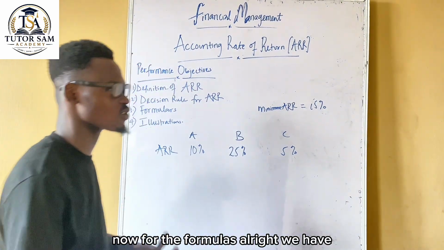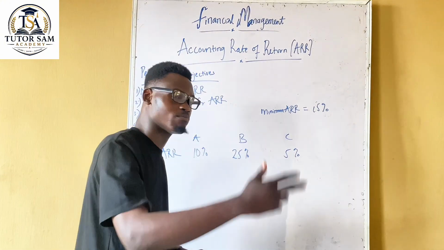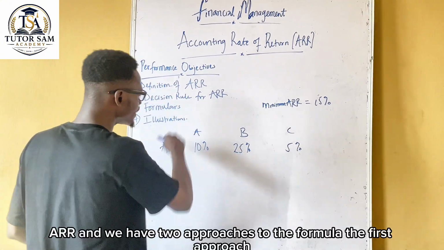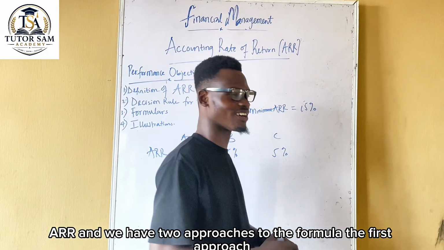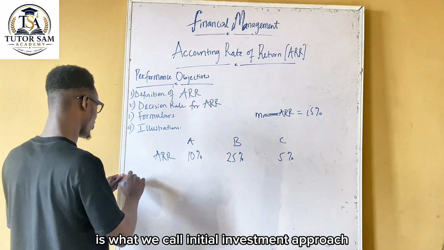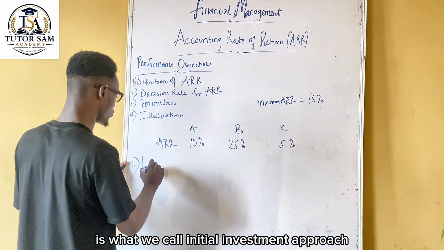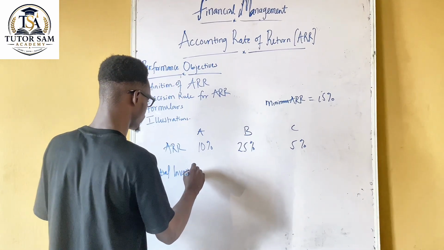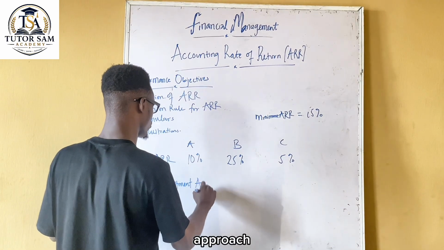Now for the formulas, we have the formula for ARR, and we have two approaches to the formula. The first approach is what we call the initial investment approach.